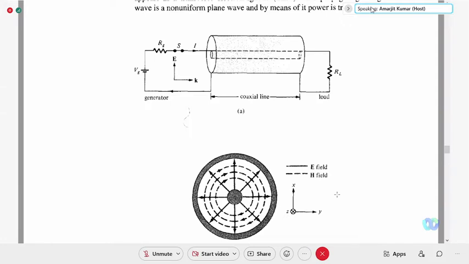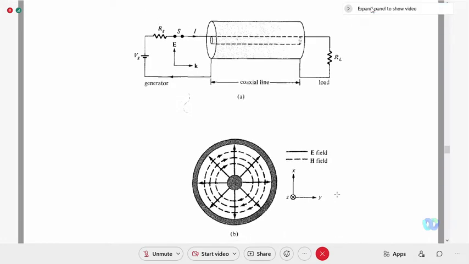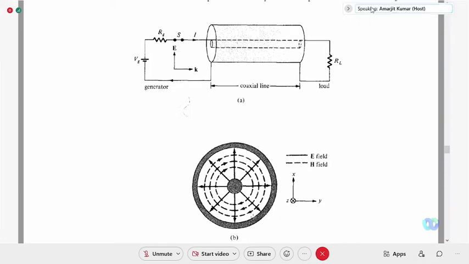So this was the qualitative analysis. You see that the magnetic field is perpendicular to the electric field, and the electromagnetic energy is perpendicular to both the electric and magnetic field.